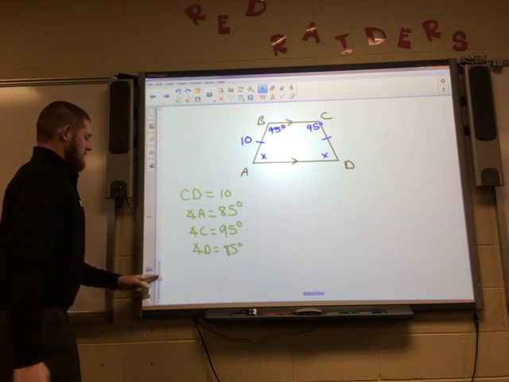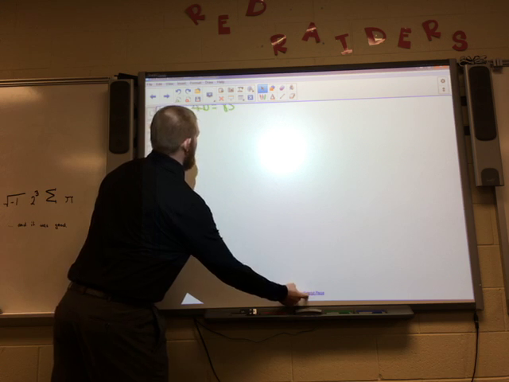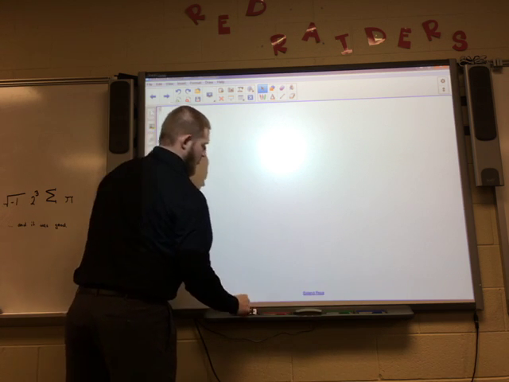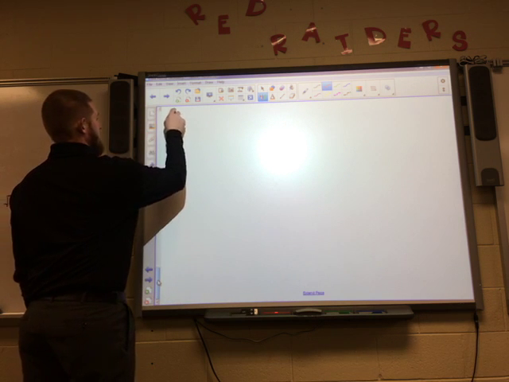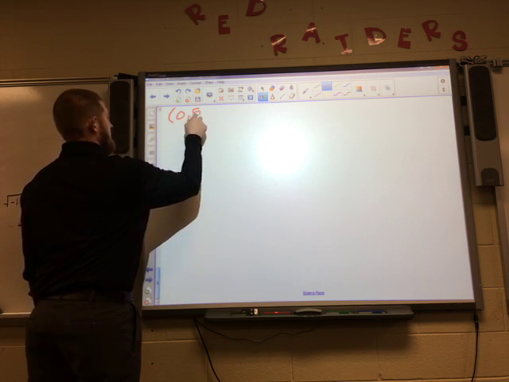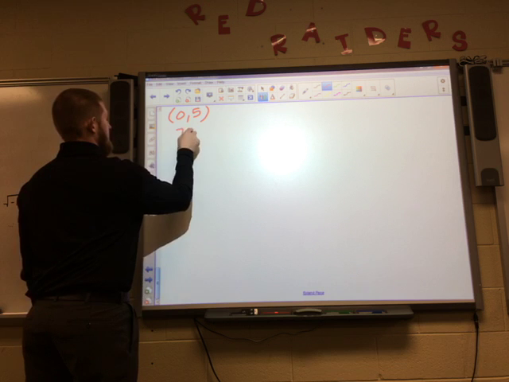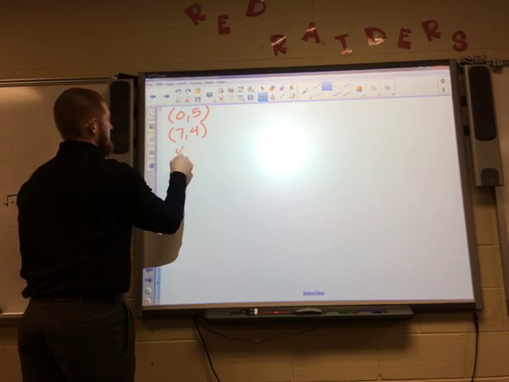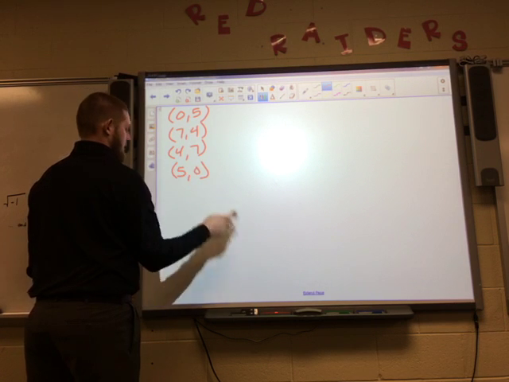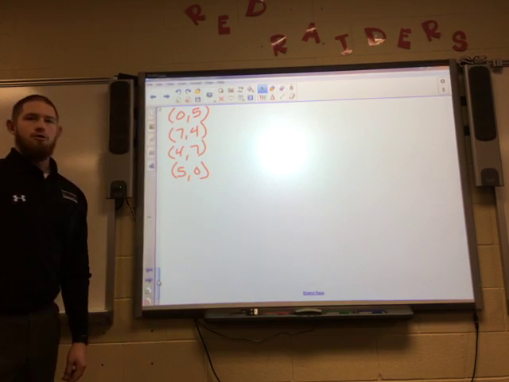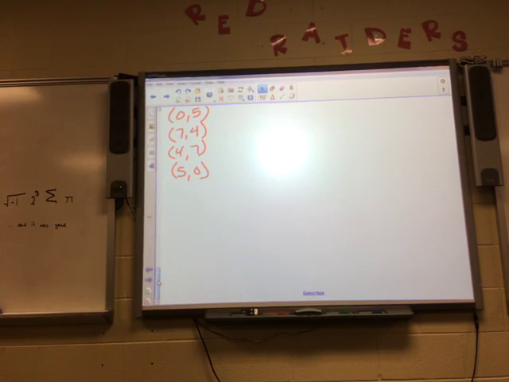One other thing I want to look at real quick. What if they give you coordinate points and they want to know, do those coordinate points make an isosceles trapezoid? Kind of like a problem we had the other day, right?